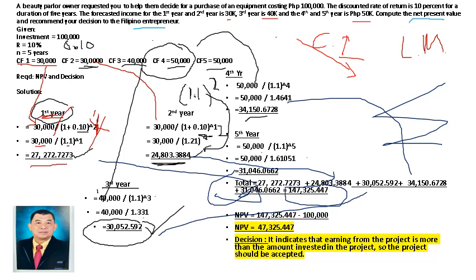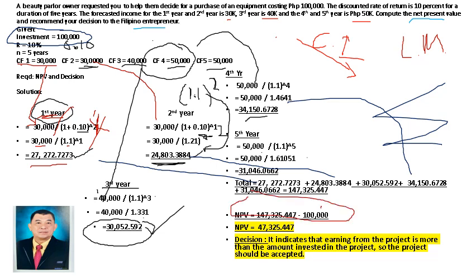But the formula for net present value is the discounted cash flow minus the cost of investment. The cost of investment is 100,000. Therefore, 147,325 minus 100,000, which is the cost of the investment, that is the formula.